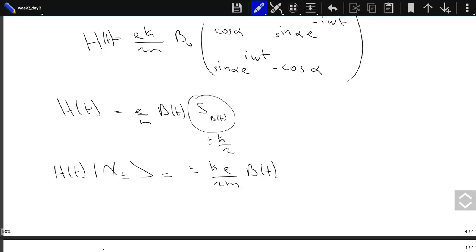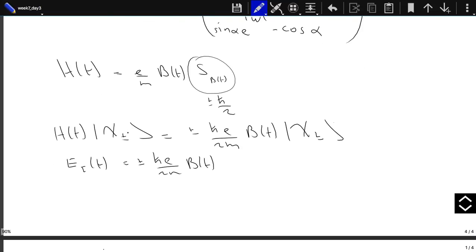Are you convinced? This is the eigenvalue of the Hamiltonian at the time t. So E plus or minus of t equals plus or minus h bar e over 2m B of t. Let me also put some time dependence over here.